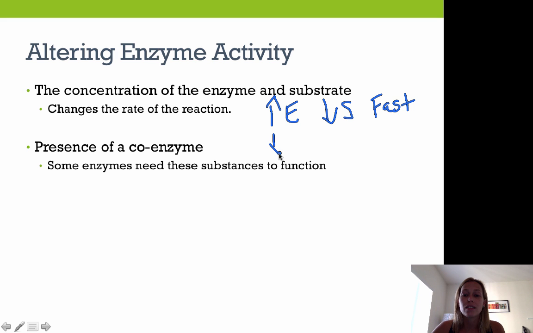If we have a very little bit of enzyme but a whole lot of substrate, that reaction is going to go very, very slowly.